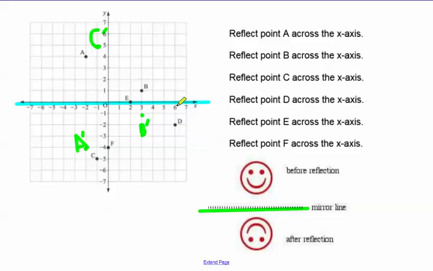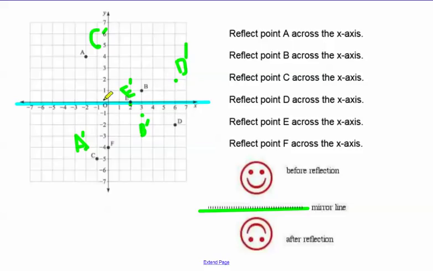Okay, looking at D. D is 2 away, so we're going to make it 2 away on the other side, and we're going to call that guy D prime. All right, looking at E. How far away is E from the x-axis? It's 0 away, so it's actually going to stay exactly where it is, and we call that guy E prime.